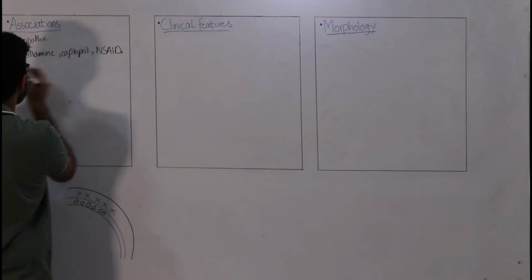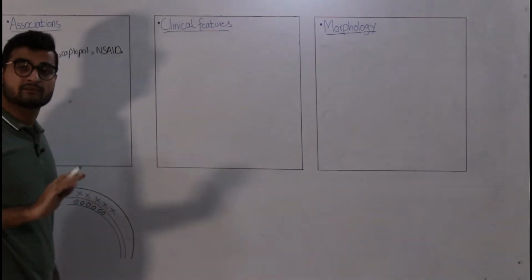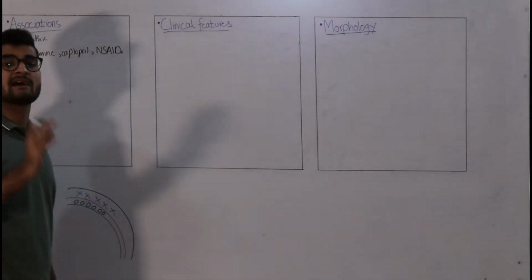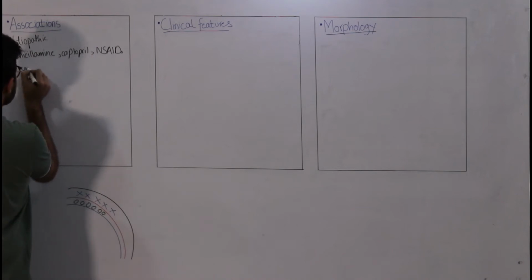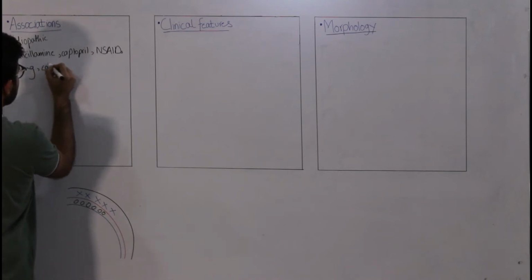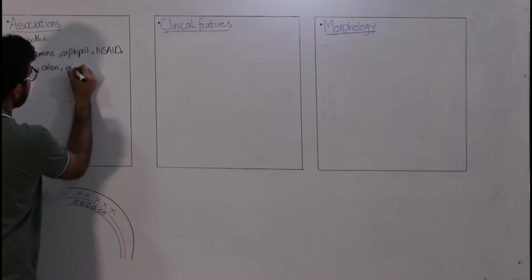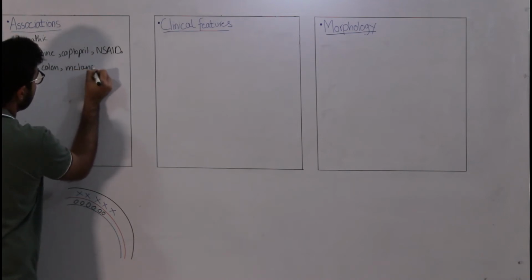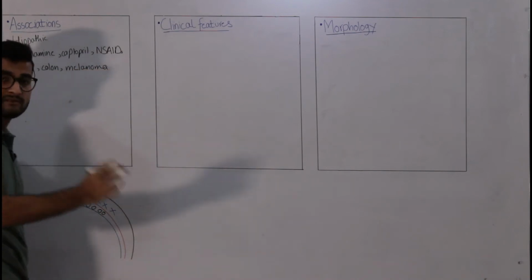So these are going to be the drugs. Apart from the drugs, you have association with a few carcinomas such as lung carcinoma, colon carcinoma, and melanoma. So these are a few associations with membranous nephropathy.